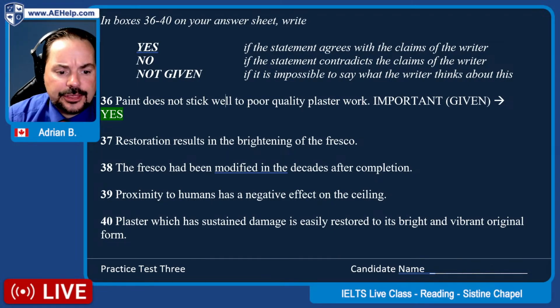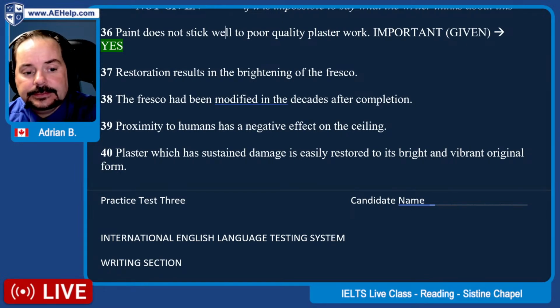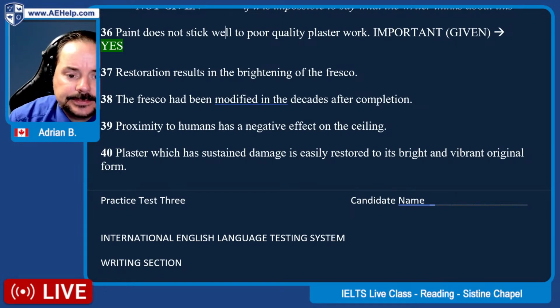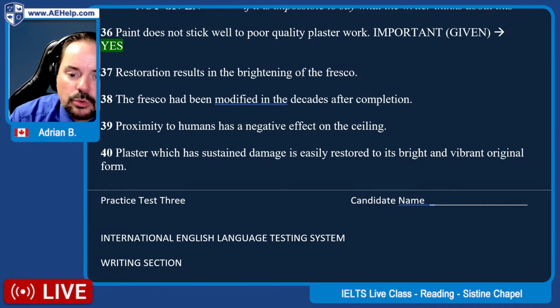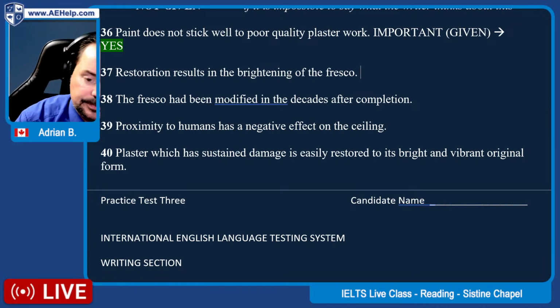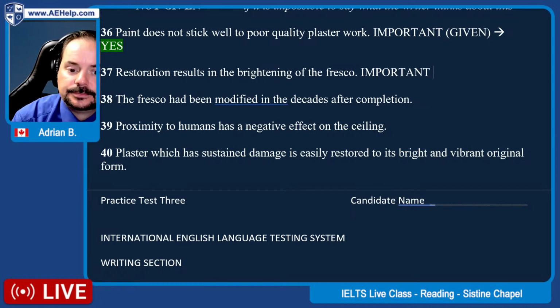Okay. 37. Go ahead and read that for me, please. Restoration results in the brightening of the fresco. Is that important to know? Restoration results. Yes, it's important.